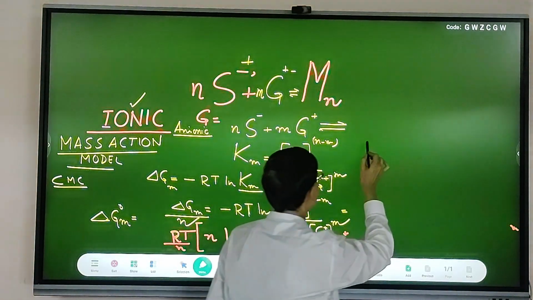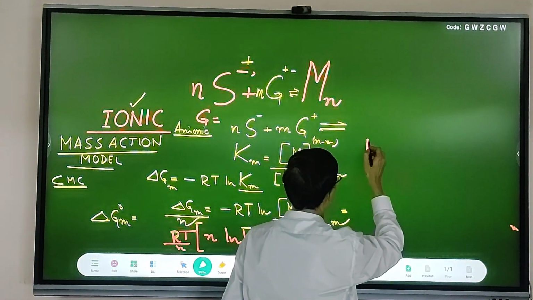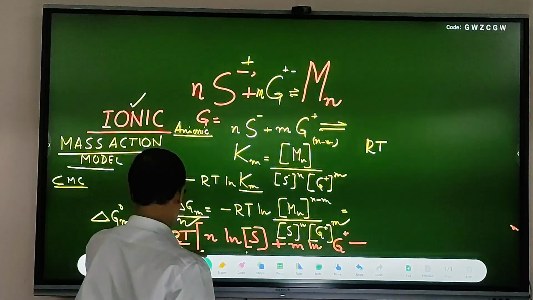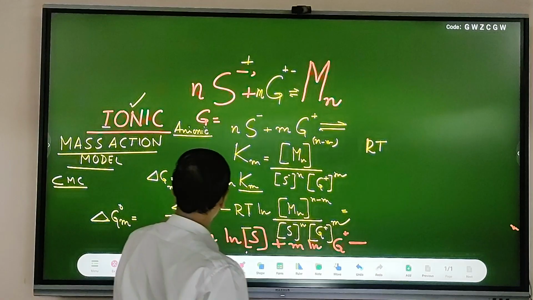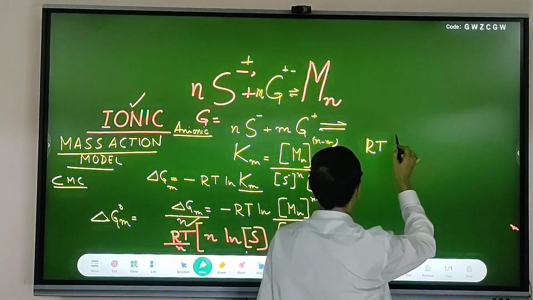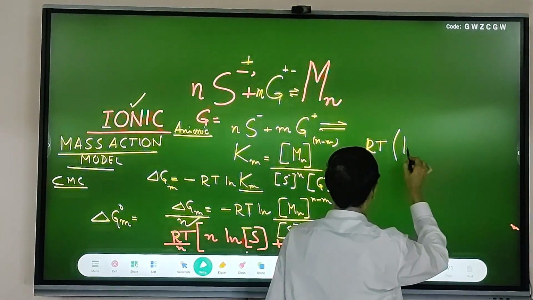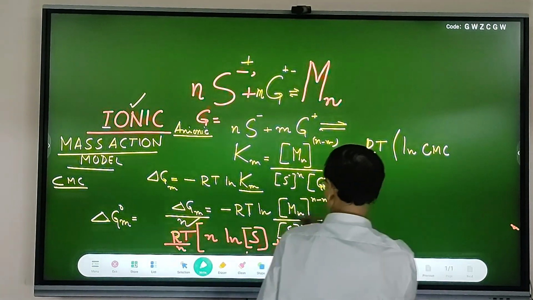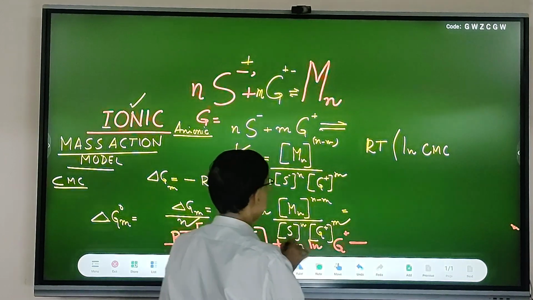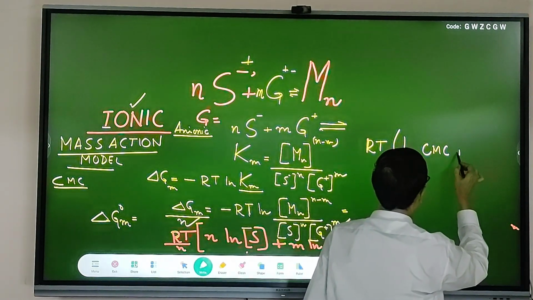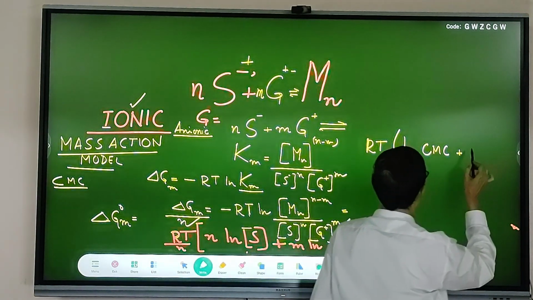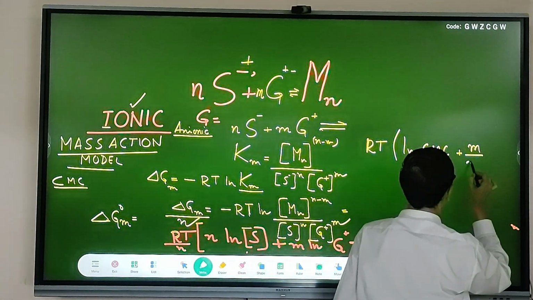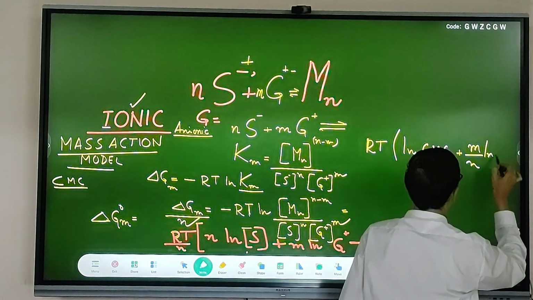so RT, because this is divided by N, divided by N, RT log of CMC, because if I just divide it by this N, plus M by N natural log of CMC.